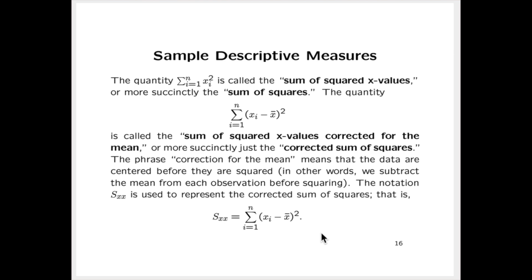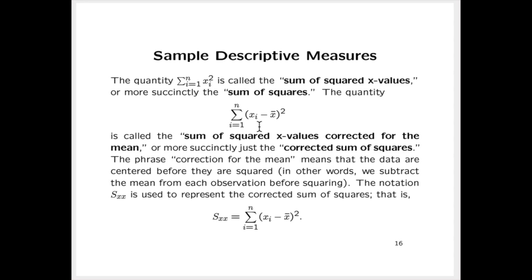Let's introduce and talk about some terminology as well as some additional notation. This quantity that has shown up, the sum of the squared x values, is more succinctly described as the sum of squares. Also, in the defining formula for the sample variance, we have this expression here.